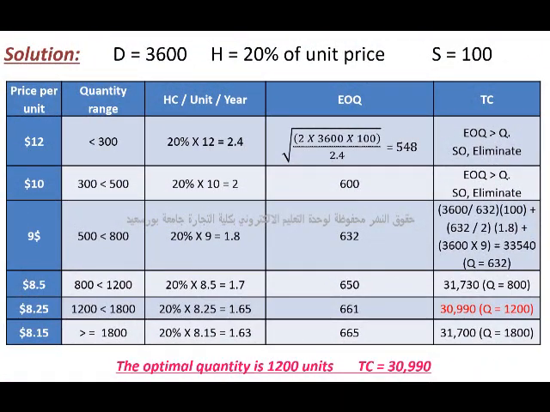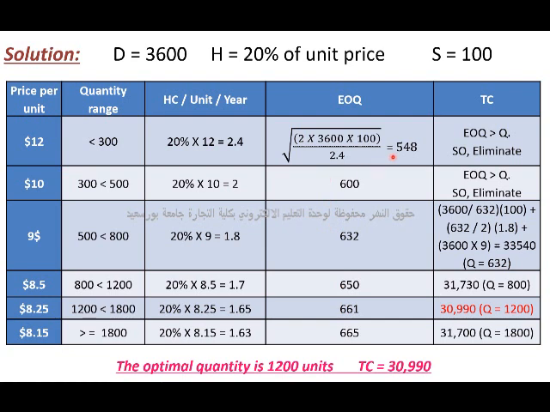We should apply the 3 stages that I said before. First one, calculate EEQ for each price. First price 12, EEQ will be 548. Price 10, 600. Price 9, EEQ 632, and so on. You can realize something here.